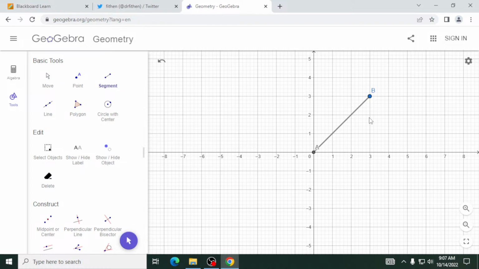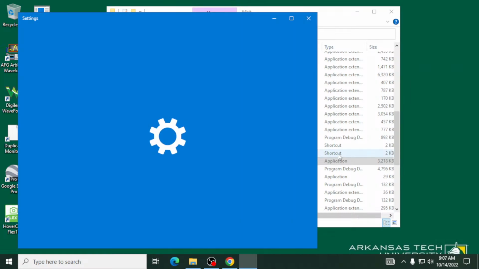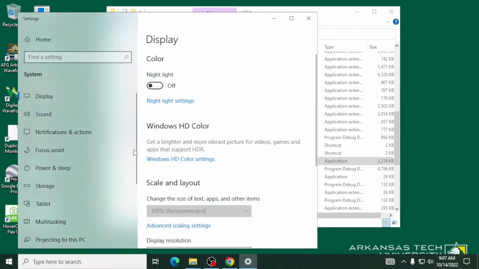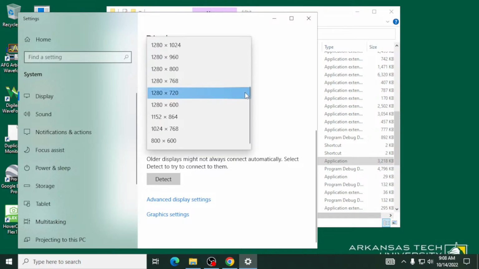Up here, I don't know how to fix that unless I can change the display settings to something that would match, not the high def, but more along the 4:3 aspect ratio.